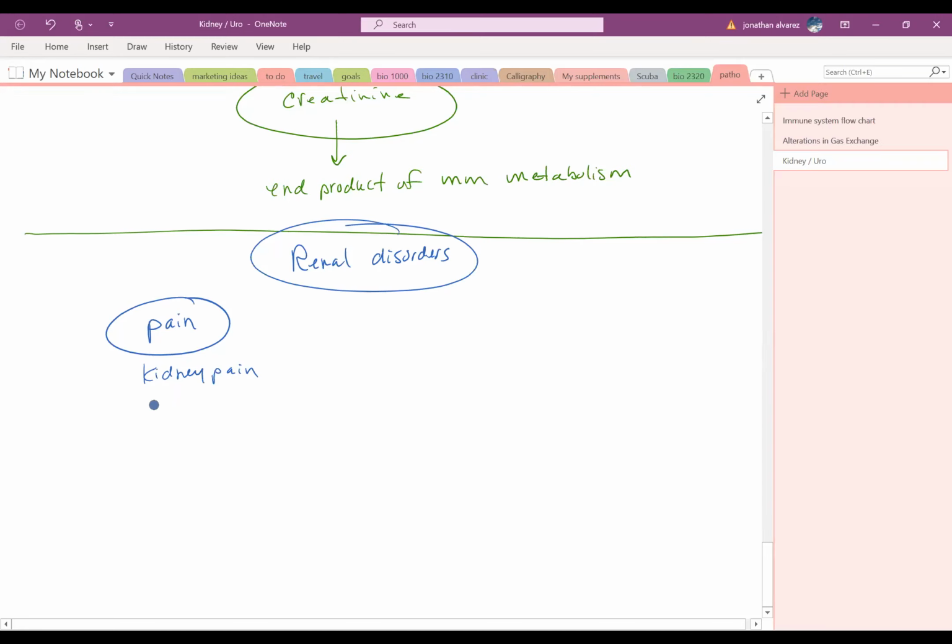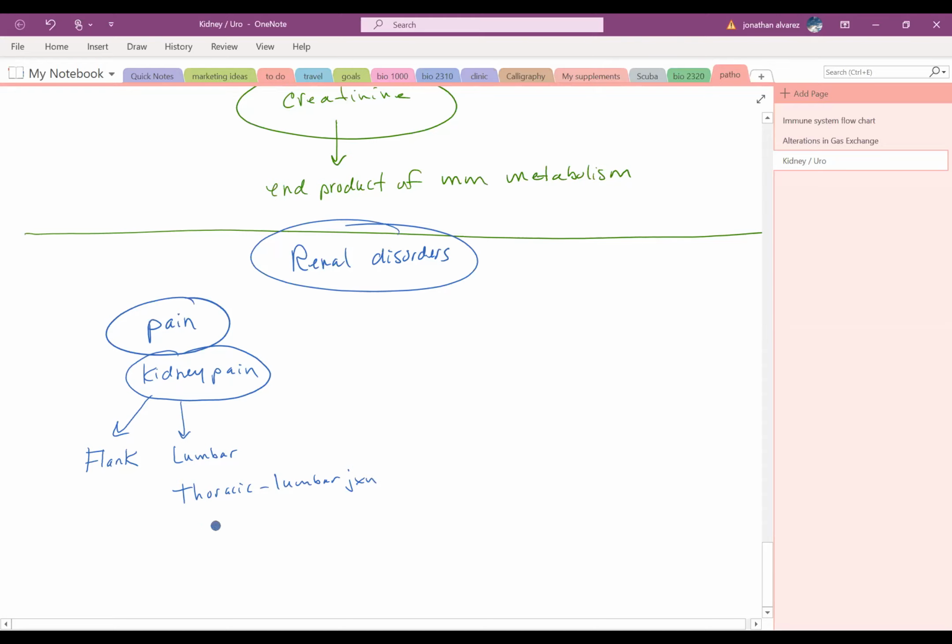That would be flank pain or pain around the lumbar or thoracic lumbar junction.